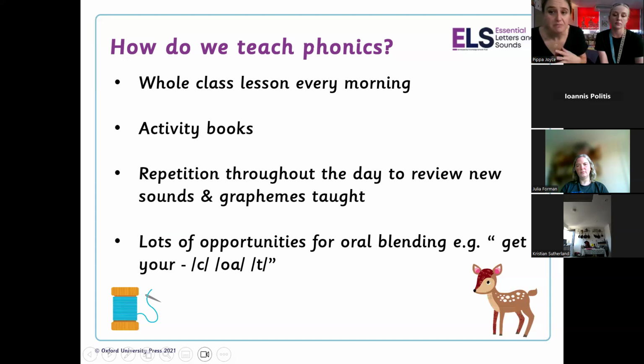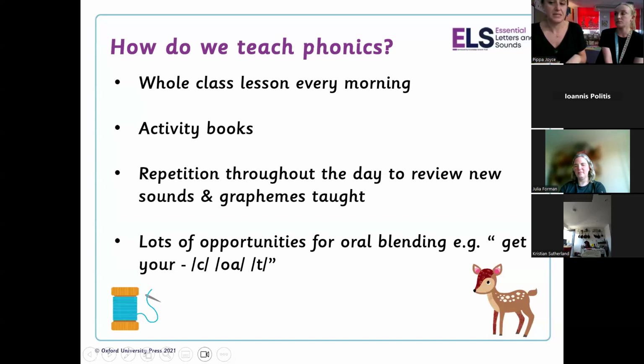Then we have repetition throughout the day. So, for instance, when we line up for lunch, we have a magic button on the wall, which has a word on it, a hard to read word. So our current word on the wall I can see is "into", and they press the button, say the word, and then they can go through the passcode to get to lunchtime. Little things like that that just help them in a fun way.